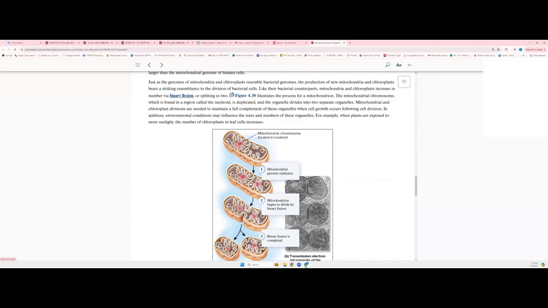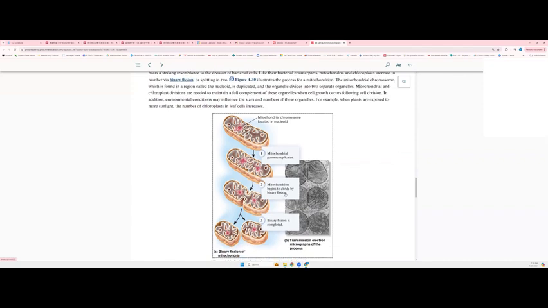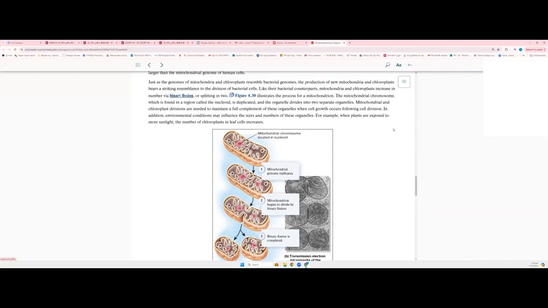And after the chromosome is duplicated, the mitochondria begin to divide by binary fission. So basically the one whole thing becomes two, okay? And each division, each copy, will have one chromosome derived as before.